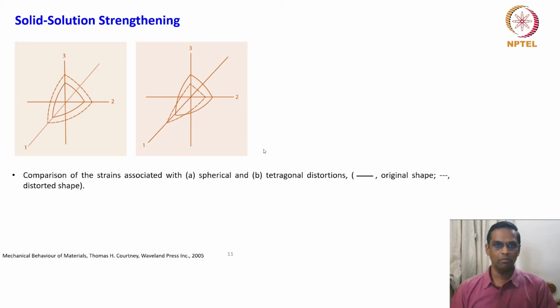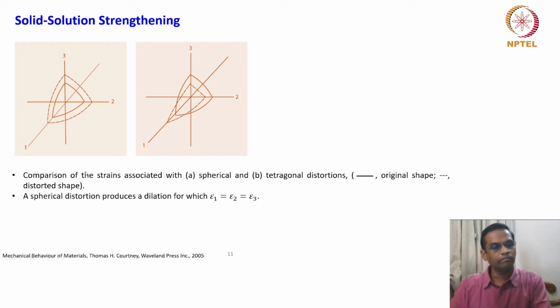They will produce some kind of distortion. But if it is of a similar size, then the stress field around is going to be symmetrical. On the other hand, if it is small, it is not going to produce a symmetrical stress field around. This is what we are going to see. That is what is shown in this plot.